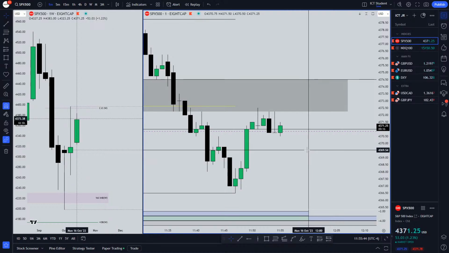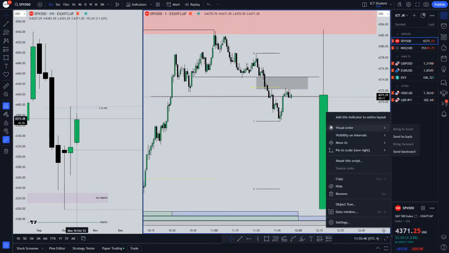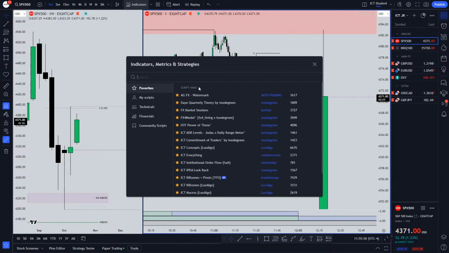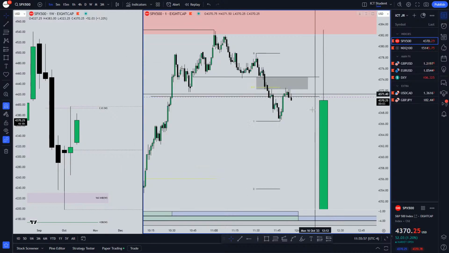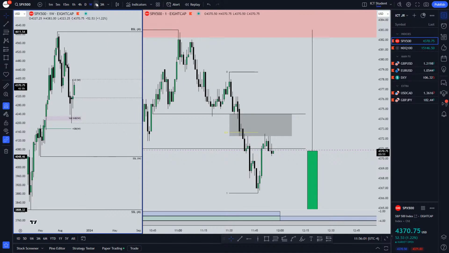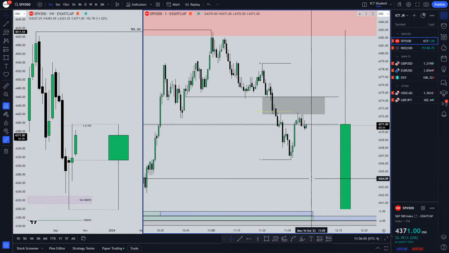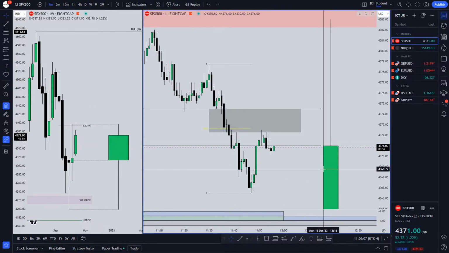How do you get that big candle on your right? Oh, you're talking about this Power 3? If you go to indicators, you go to higher time frame Power 3. This one right here by Todd Gears. I have it on this one too, but I don't think you can see it. It's always like this for the higher time frame one, like a monthly. So I'm watching the monthly Power 3 and then the daily Power 3.